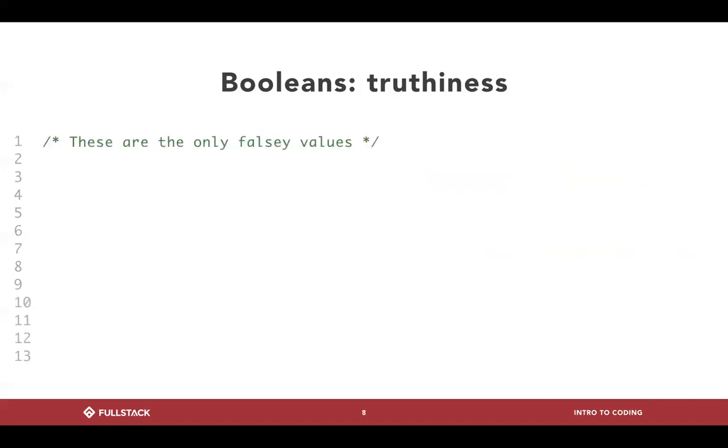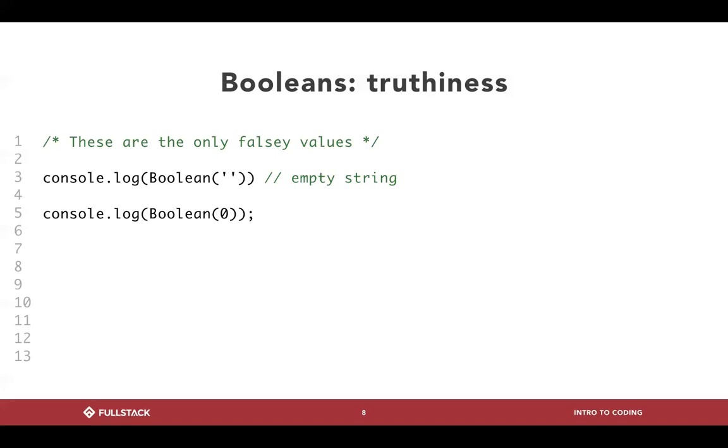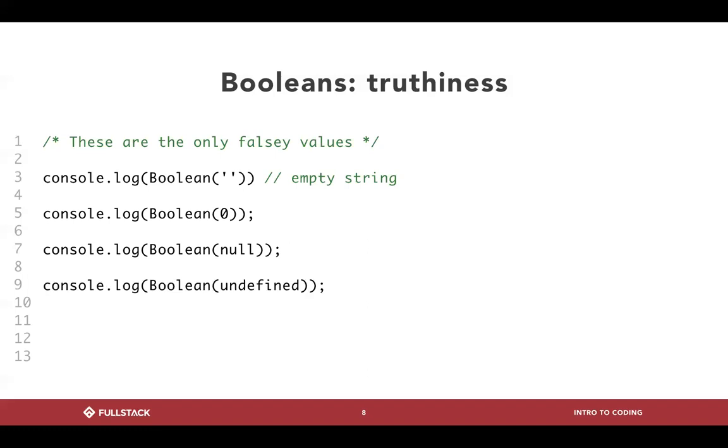Conversely, there are a specific set of values that will coerce to false when we try to make them Booleans. These are called falsy values. Empty strings, strings with no characters in them, strings where the string dot length would give me 0, will coerce to false. 0, null, undefined, and then NaN, which means that whatever your value is, it's not a number.